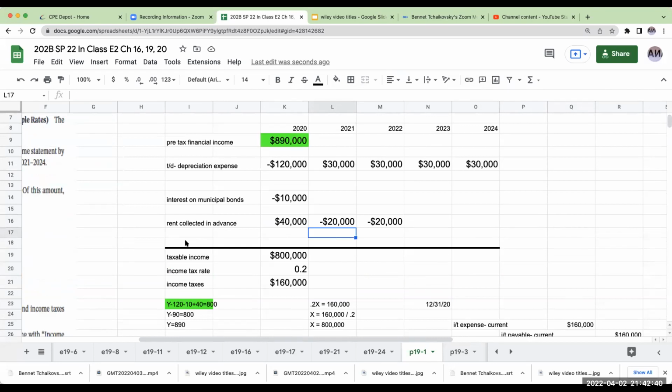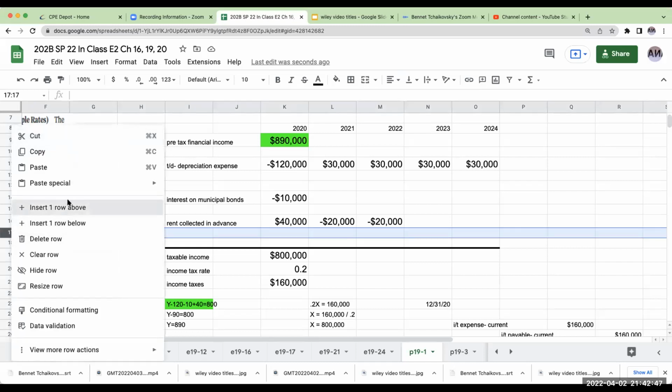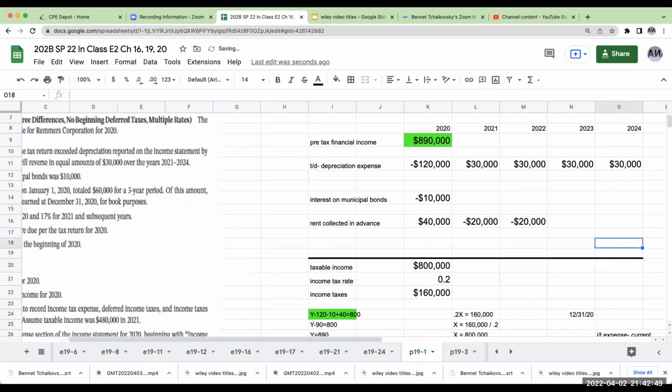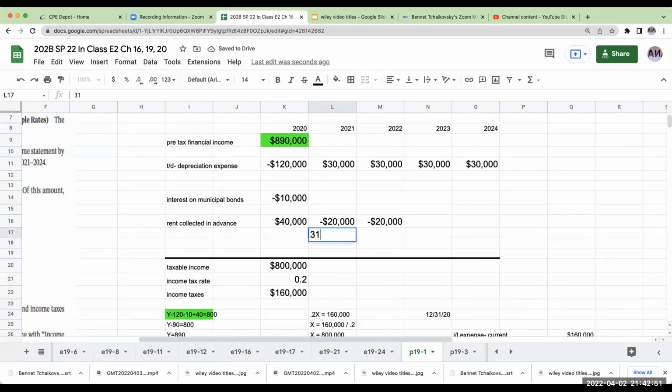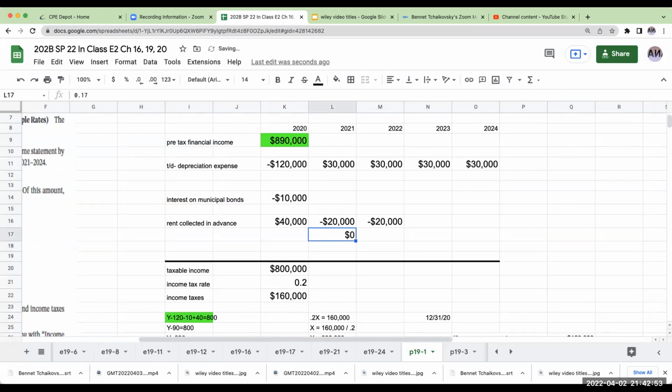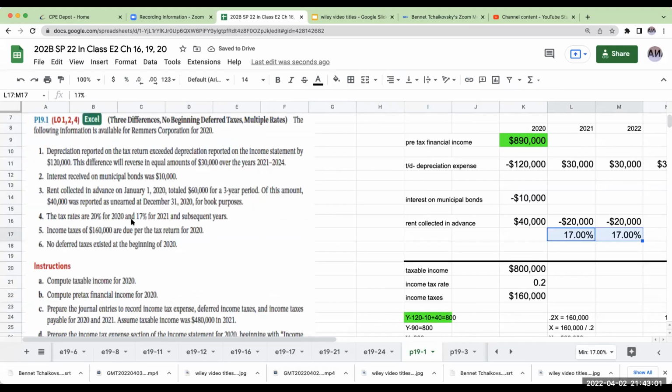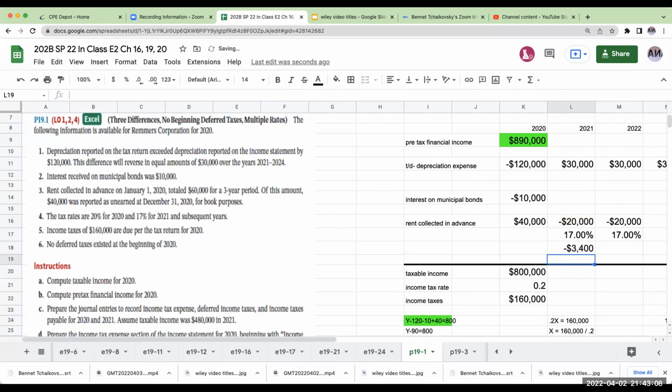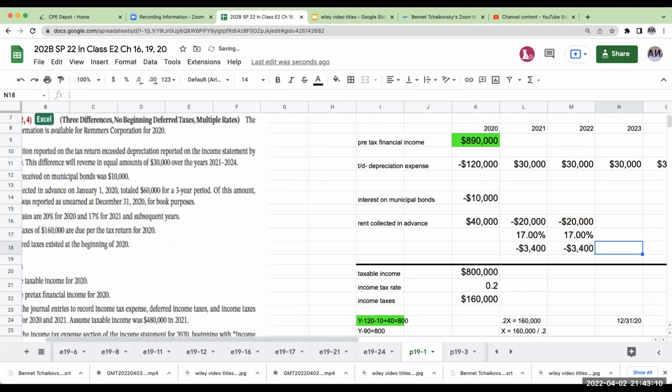So let's go ahead and do our deferred tax asset first. My deferred tax asset is going to be this rent collected in advance. So this is going to be 0.17, because my income tax rate for 2021 and future periods is 17%. It's 20% in 2020, but it is 17% in future periods.